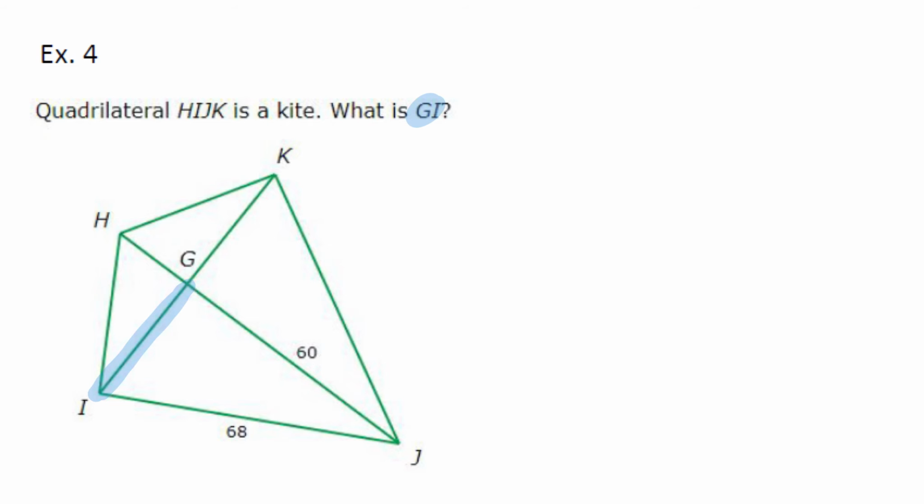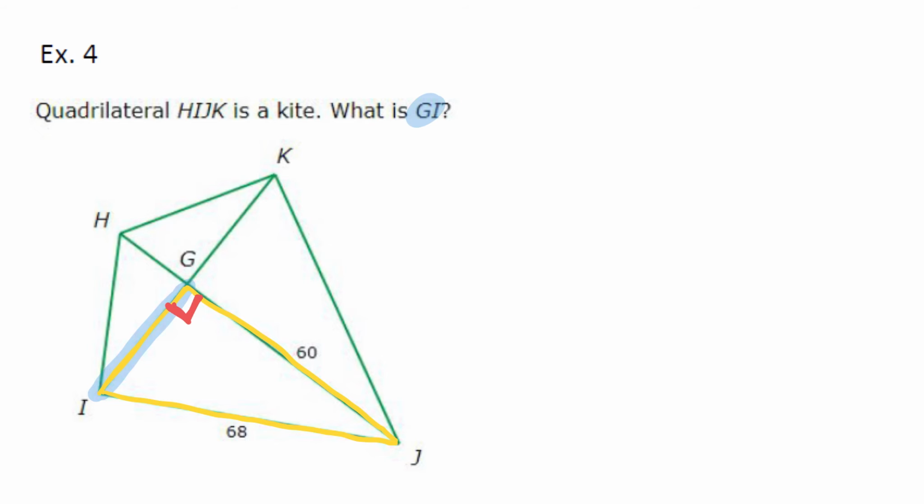Well, it's a part of the triangle HGI as well, but that's not very helpful because we don't know any of those parts. Yes, it is the bottom of that, but we want to choose something that we clearly can see. So GI here is the bottom of another triangle, and more specifically, a right triangle.